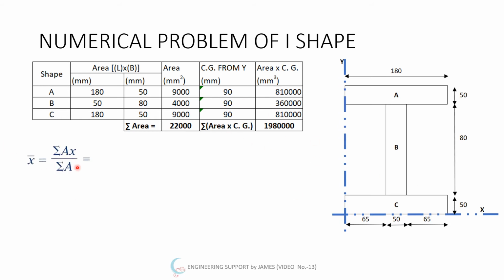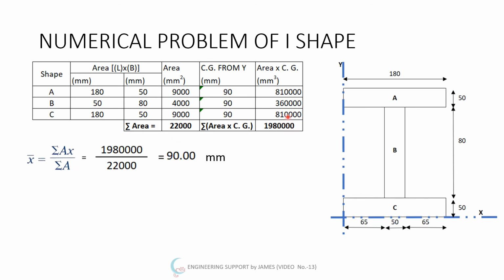So x bar is equal to sigma of area multiplied by CG, the moment of area, divided by the total area. This value is 1,980,000 divided by the total area, that is 22,000, and it will give you the answer as 90 mm.